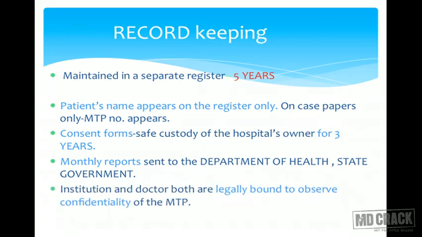The institution and the doctor are both legally bound to observe confidentiality of the MTP procedure. We are not supposed to disclose details to anyone who comes and asks. We should respect her privacy and observe confidentiality about the reason, the weeks of gestation, and whatever information the patient has given us.